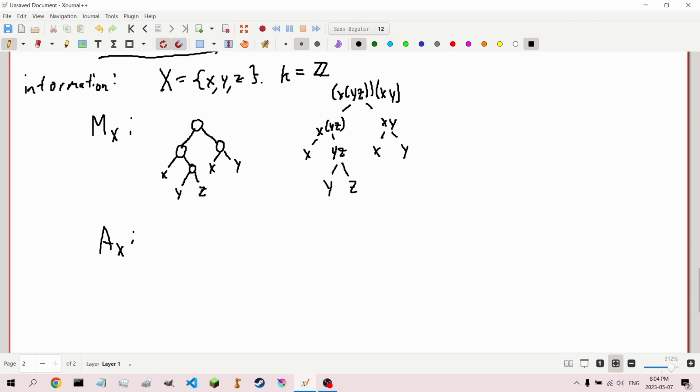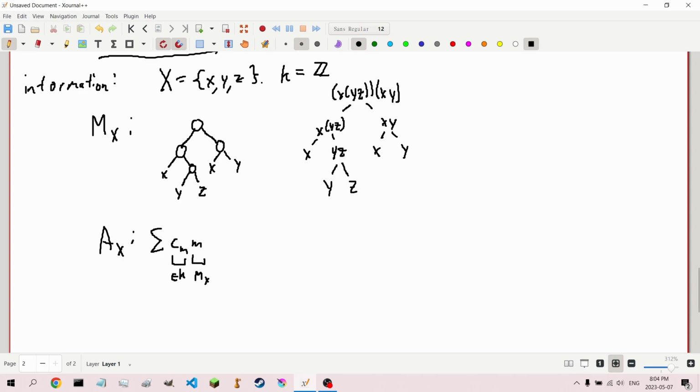So this is going to be the sum of C_m m, where C_m is an element of our base ring, in this case Z, and m is an element of MX.